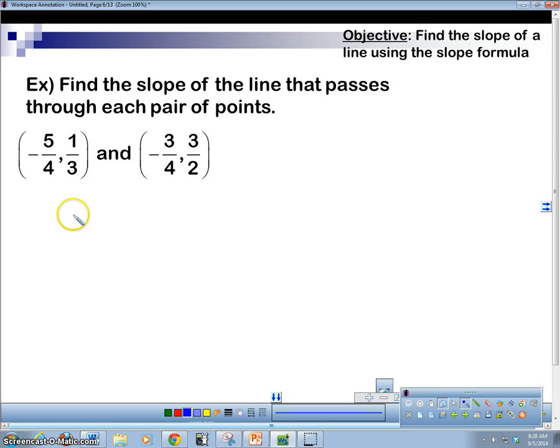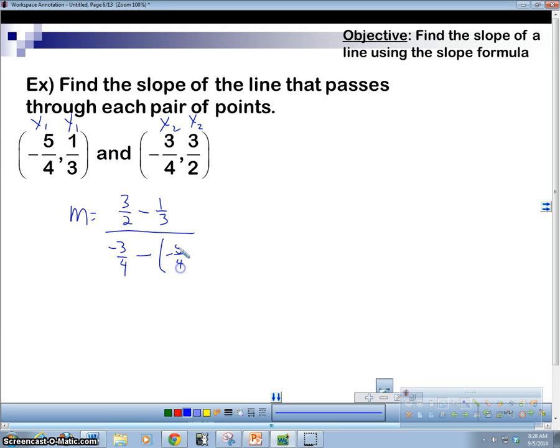Okay. Uh-oh. I think you need to scream with this one because it's fractions. Let's just go ahead and do the fractions, okay? y2, x2, y1, x1. Oh my goodness, we're gonna have to subtract fractions. 3/4 minus negative 5/4. Well, isn't this gonna look fun? Okay, so on the side, we'll go ahead and do this subtraction. Let's do 3/2 minus 1/3, common denominator. So this is gonna be multiplied by 3.